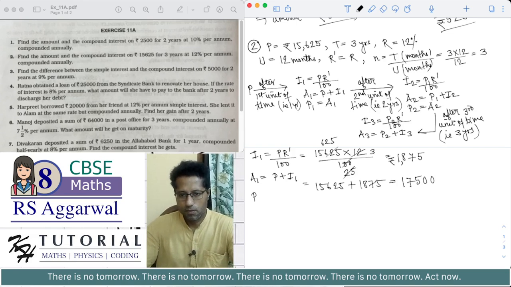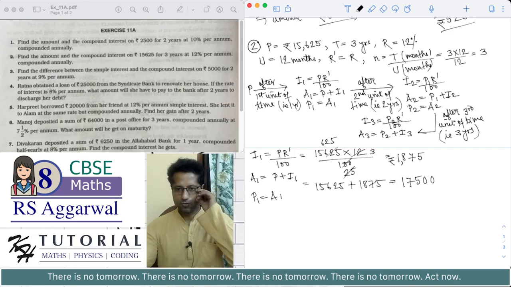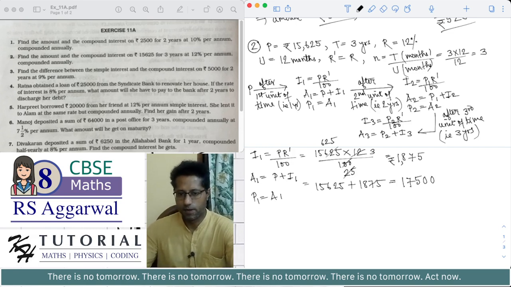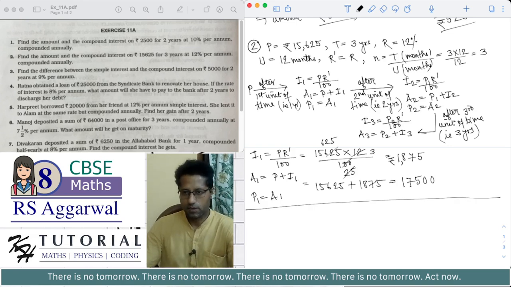So P1 will be equal to A1. This is the calculation of interest amount and the principal for the next unit of time at the end of the first unit of time. Now let's do the calculation of interest after the second unit of time. So I2 is equal to P1 R dash by 100.